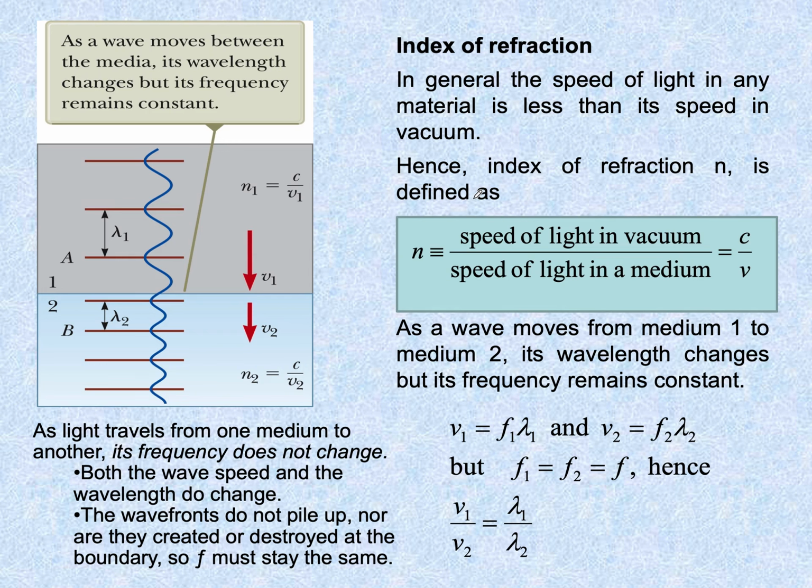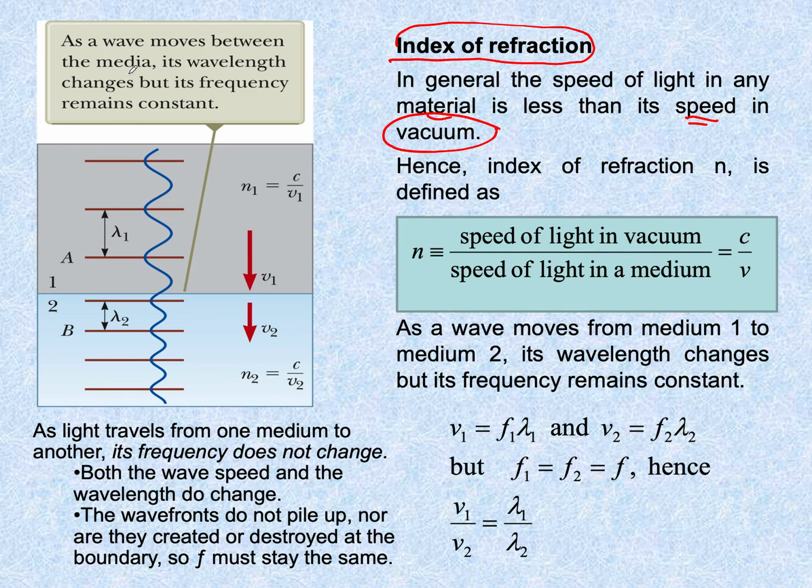Next, the important formula we need to understand is the index of refraction. In general, the speed of light in any material is less than its speed in vacuum, as I mentioned previously. Different media have different speeds, and therefore different refractive indices.